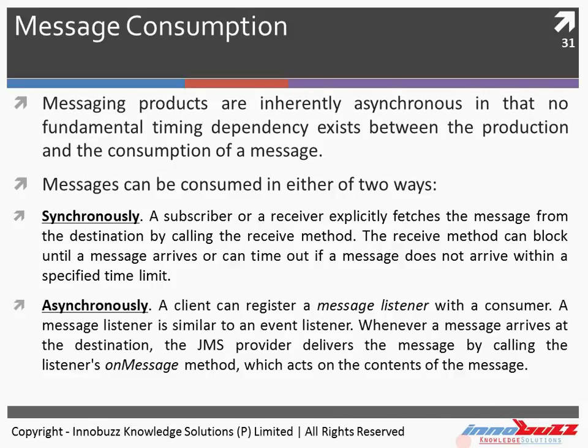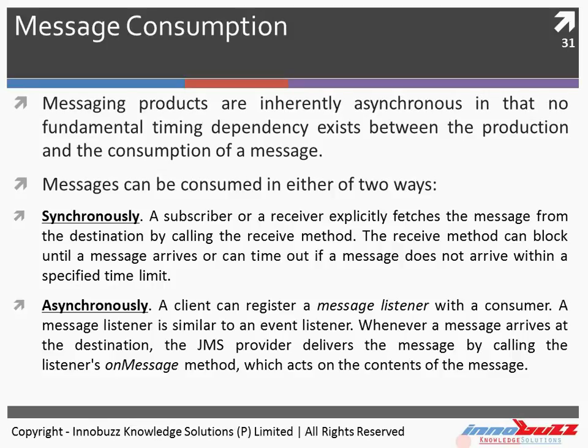The second way is asynchronous. A client can register a message listener with the consumer. A message listener is similar to an event listener. So if the client registers a message listener, it will act once it receives any messages, and it will be idle until it has received any. This is the concept of asynchronous.